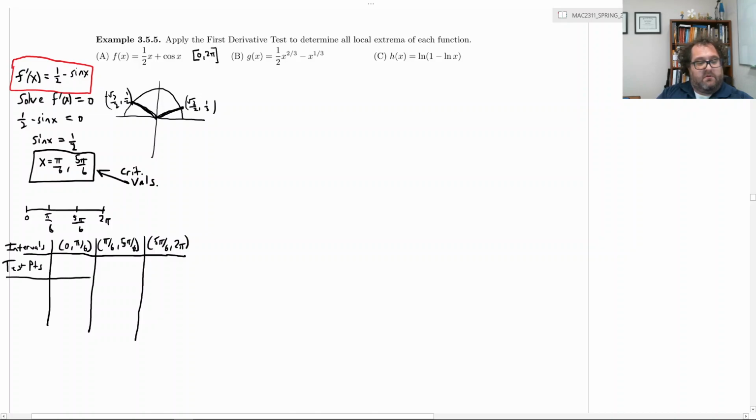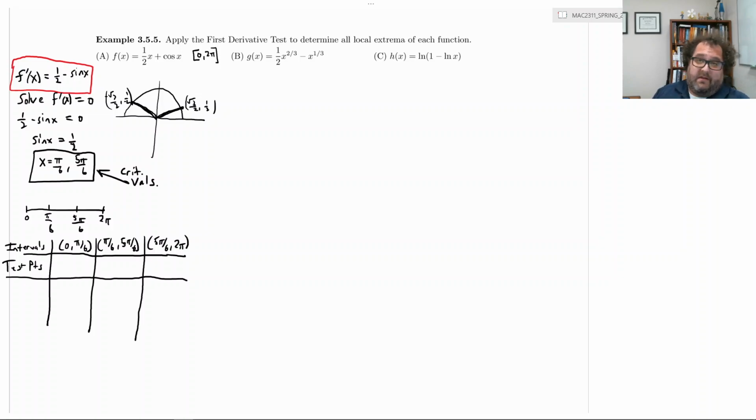Now, sometimes it can be a little weird to get your test points here because we want test points that are convenient. If pi over 6 is right here, there's not really a nice unit circle radian measure that we can use. I mean, I guess we could say pi over 12, and maybe use the half angle identity, I suppose.